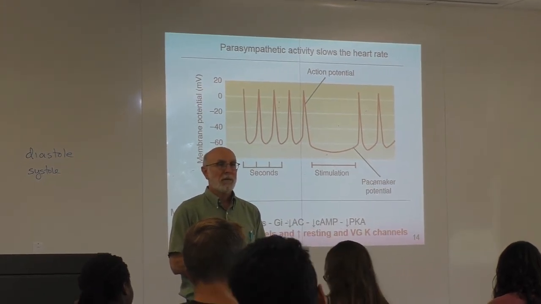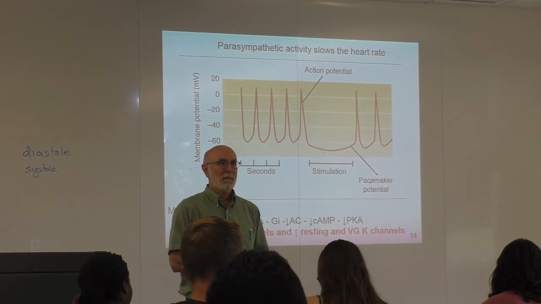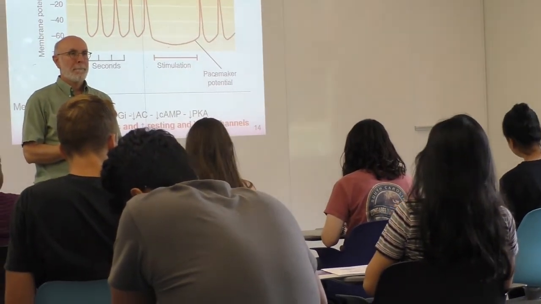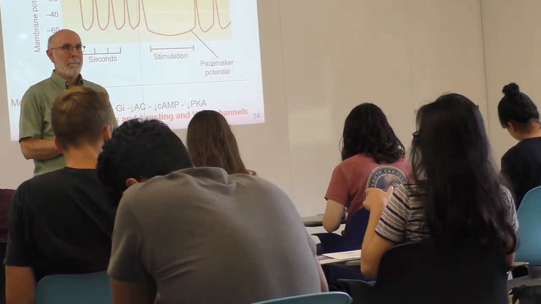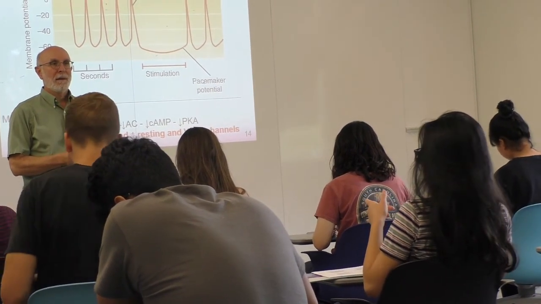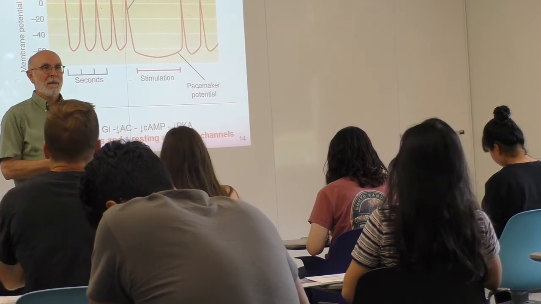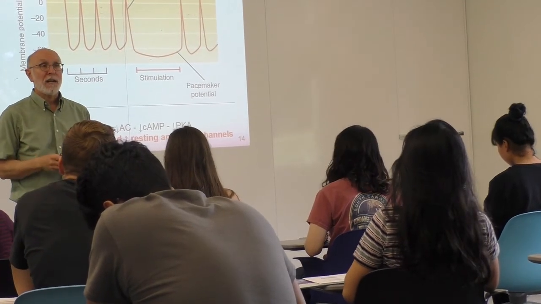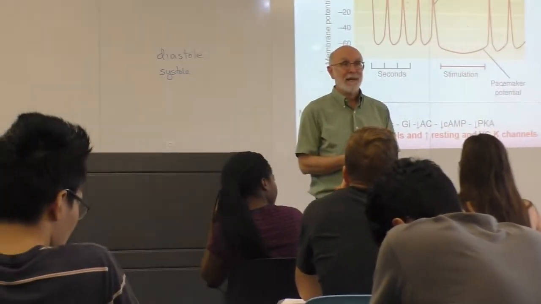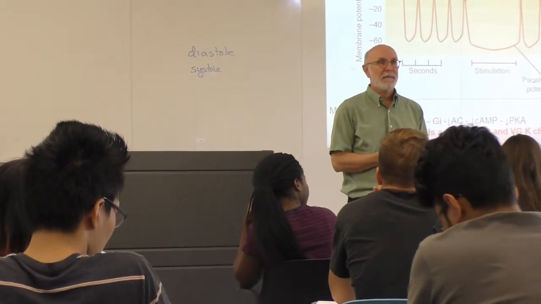Did you have a question? My question was, is the activity of the IH channel dictated by the amount of cyclic AMP, or is that dictated by the activity of protein kinase A? The IH channel is activated by hyperpolarization and cyclic AMP, and not so much PKA.